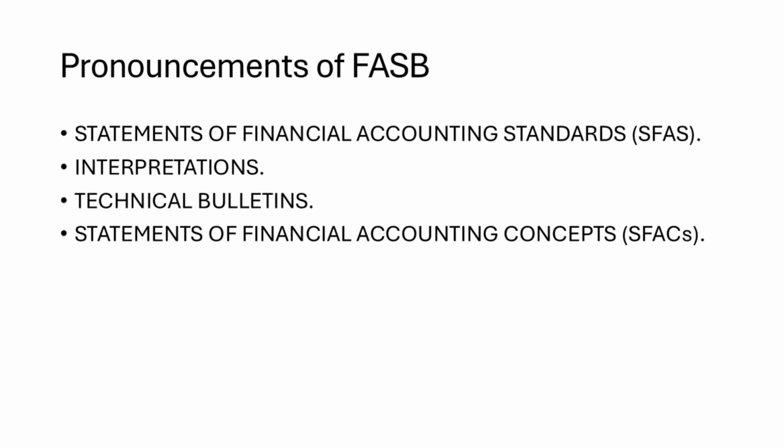SFAS are part of GAAP unless they have been superseded. The second is interpretations. These pronouncements provide clarification to privately issued standards, including SFAS, APB opinions and accounting research bulletins.